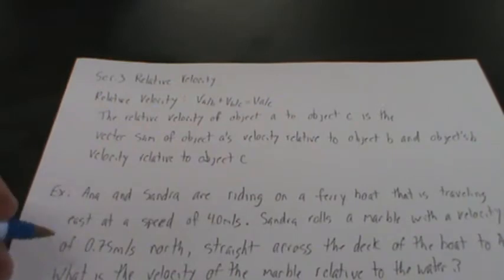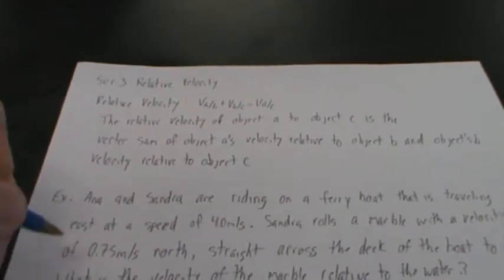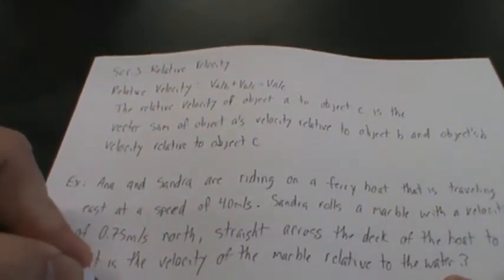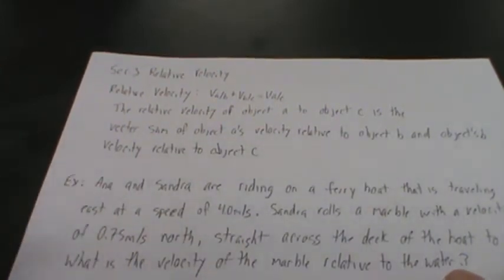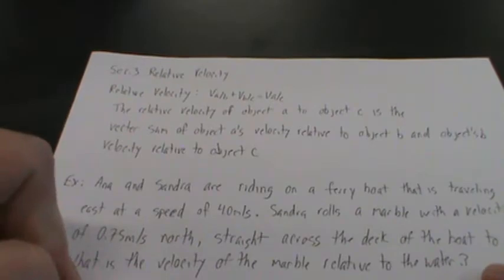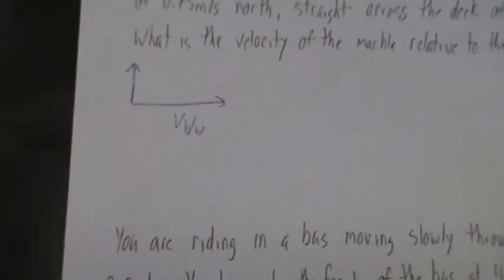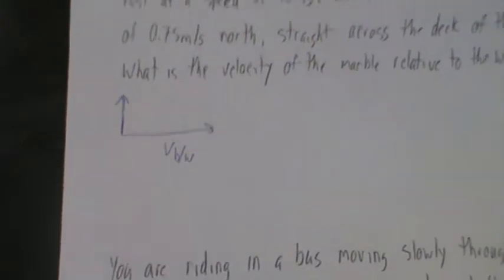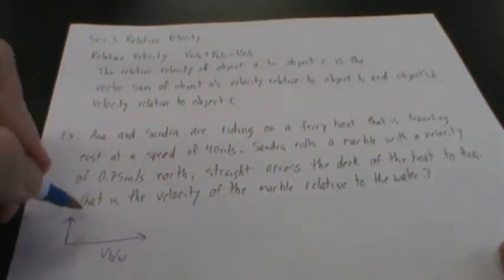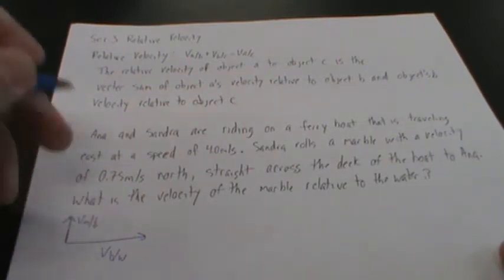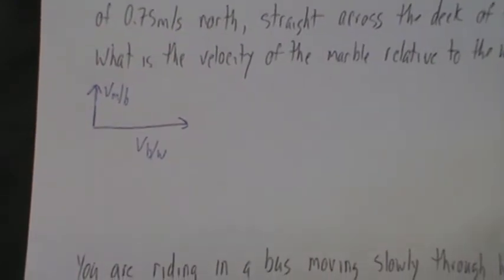All right, so let's look at this by drawing the picture a little bit. I'm not going to draw a picture of a boat or anything, but we have the velocity of boat to water, and it says it's traveling east. And we have the marble traveling north along the deck.